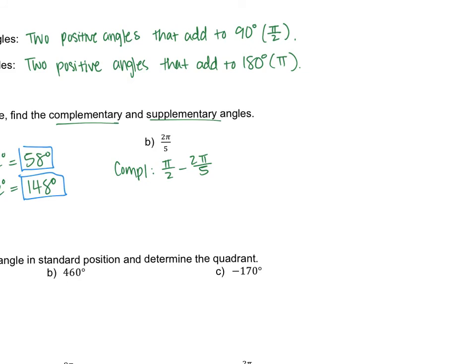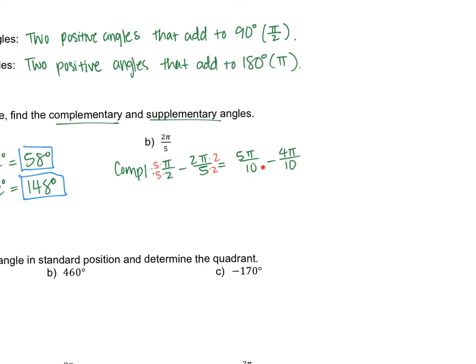I have a 2 and a 5, so I need common denominators. 2 and 5 can both be 10 if I multiply this side by a 5 and this side by a 2. So then I would have 5 pi over 10 minus 4 pi over 10.